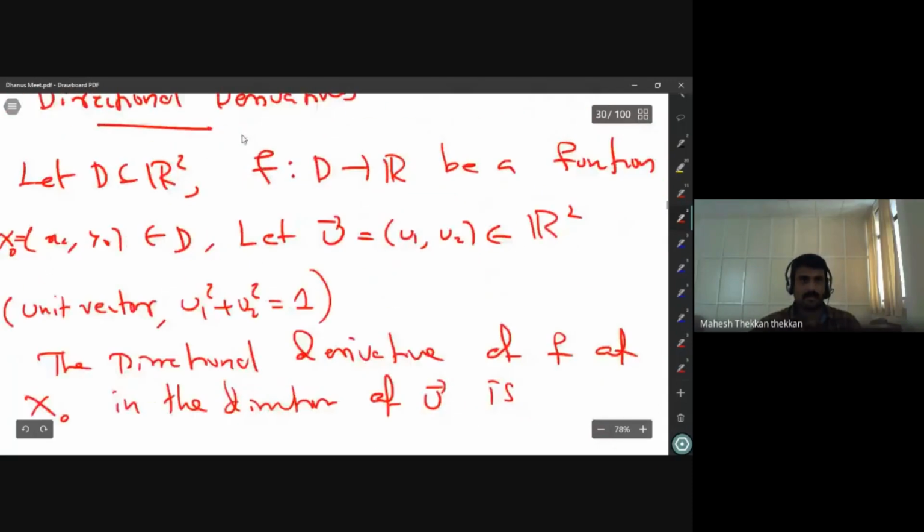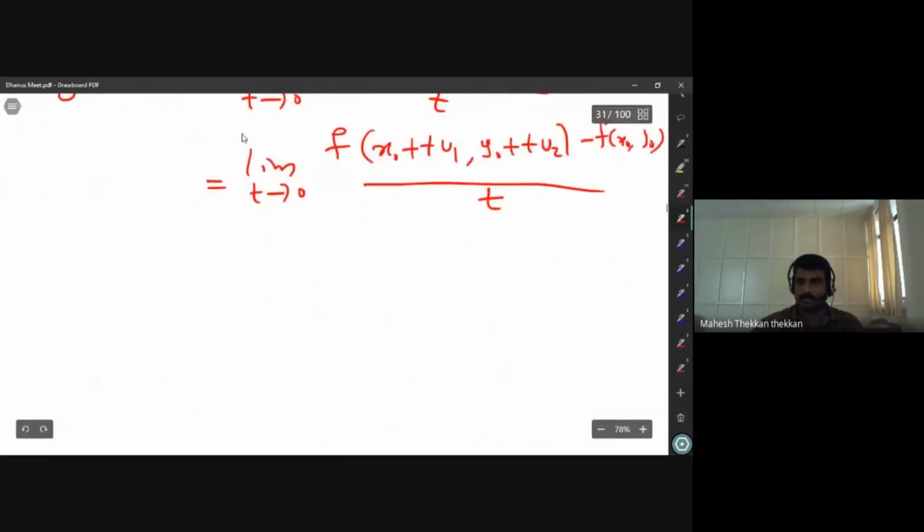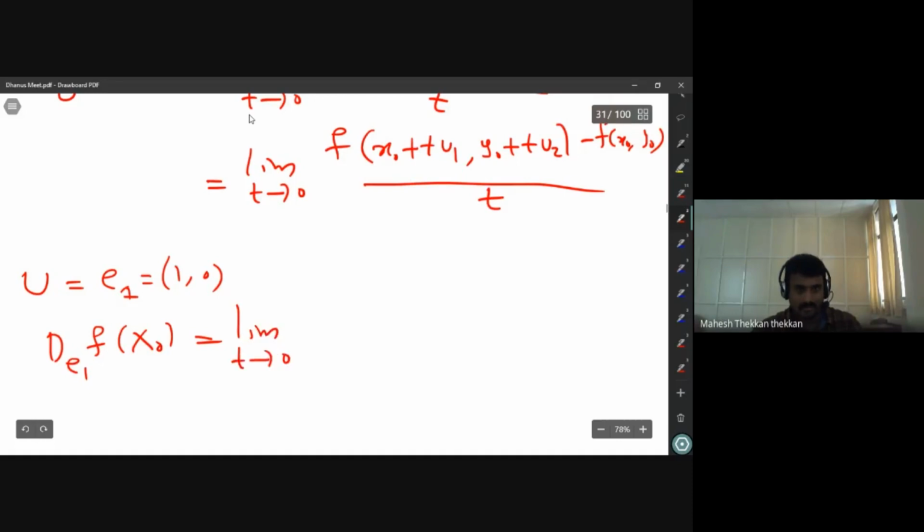So why is it called a generalization of partial derivatives? Suppose you take u as the vector e1. What is e1? e1 is the vector (1, 0). What happens to D_e1 f at X0? It is the limit as t tends to 0 of f(x0 + t, y0 + 0) - f(x0, y0), divided by t, because u1 is 1 and u2 is 0 when I take u as e1.